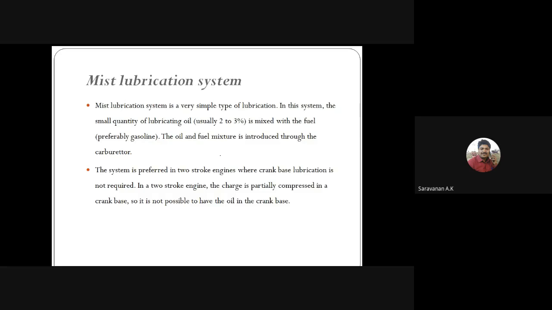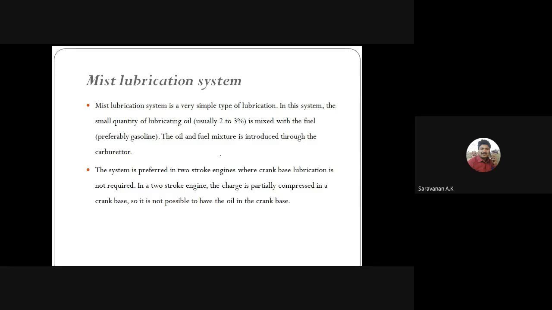The droplets of oil strike the crankcase and lubricate the main connecting rod, and the piston rings get some lubrication. The rest of the remaining lubricant passes through the piston and the piston rings.